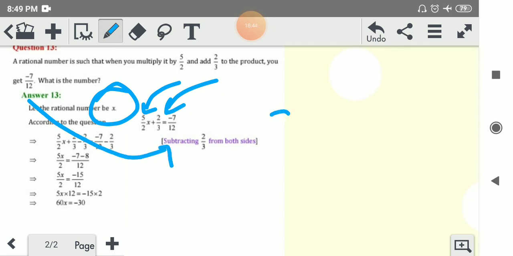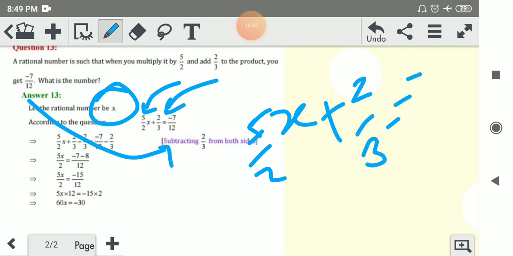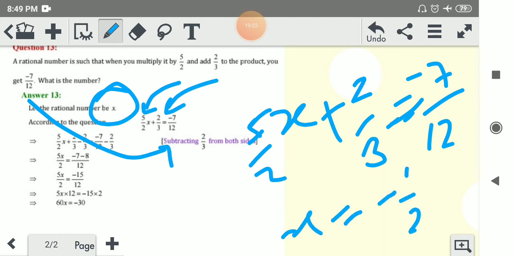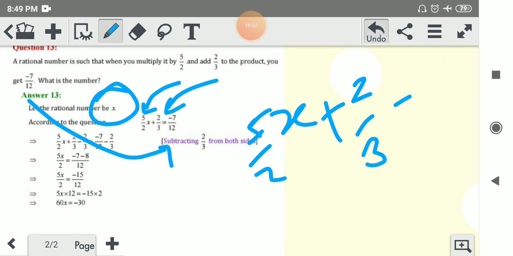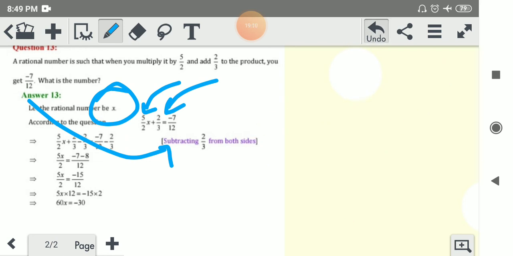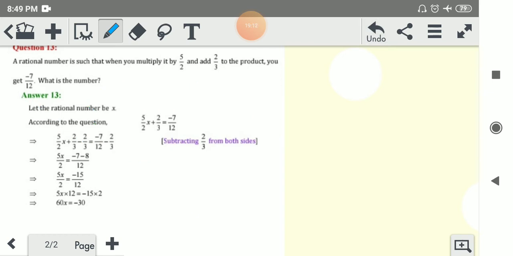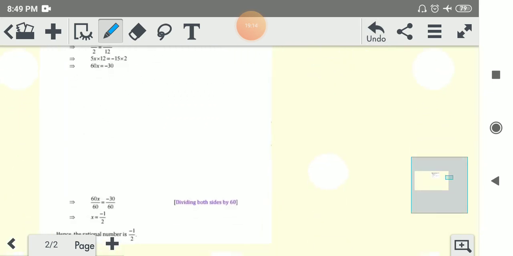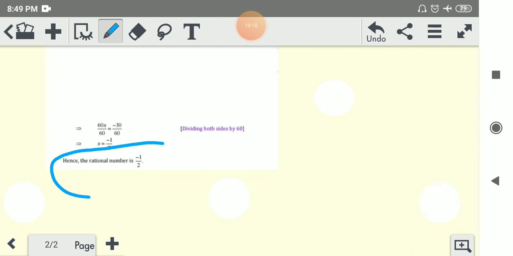Solving for x, we get x is equal to minus 1 by 2. This is our number.